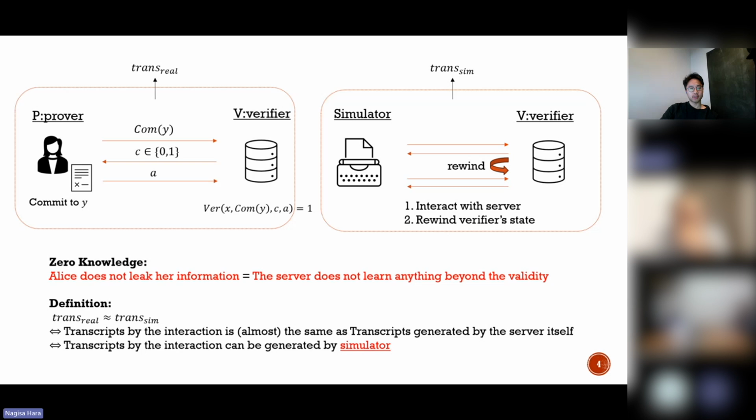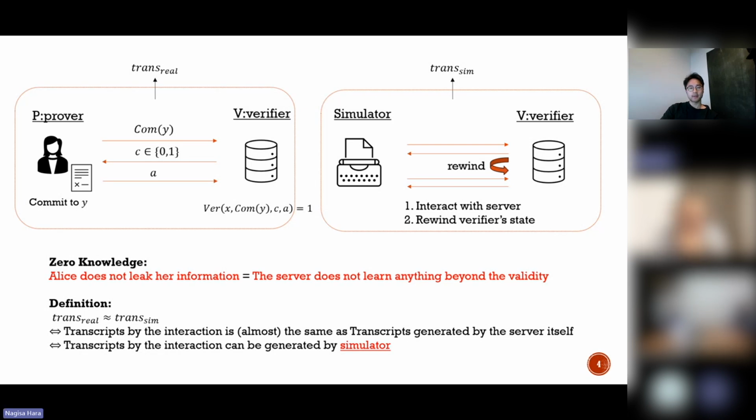Or you can say the transcript from the interaction is almost the same as the transcript generated by the verifier itself, because the simulator is basically asking the verifier to generate some response. And then finally, you can say that zero knowledge means the actual transcript generated by the actual interaction can be generated by the simulator. So by showing this, we say that the given proof system is zero knowledge. So this is the security criterion against the malicious verifier.